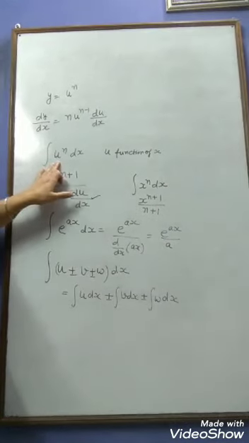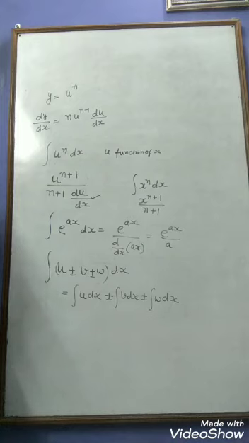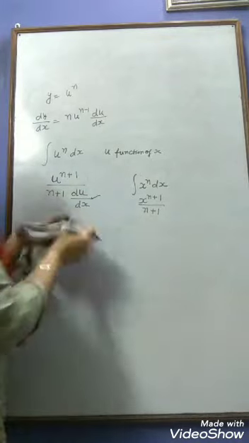And if we have the term u in any form, then we take the derivative of u in the denominator by applying the integration rule. Okay, in this there are fewer formulas than before.